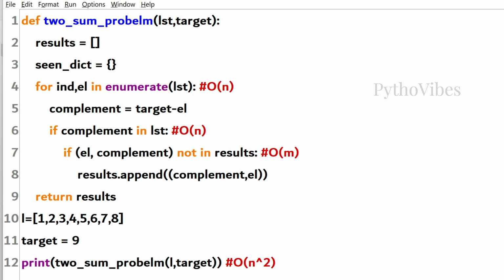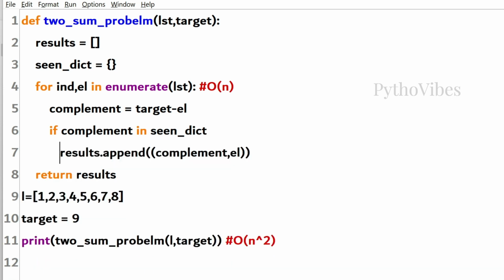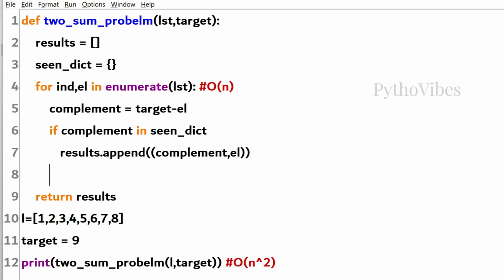I will check whether this complement is in cindict or not. Then I just have to append results.append of complement comma element, and also I have to store elements and their corresponding indexes. Let me save and run it.